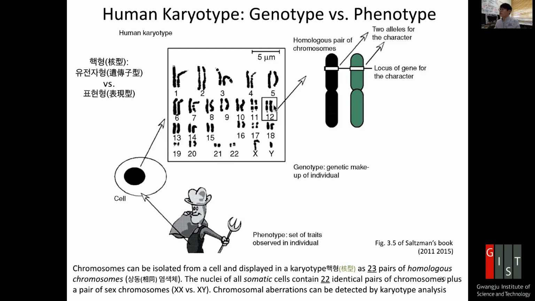For example, this chromosome number 12, one from father, one from mother, is a homologous pair of chromosomes, and the genes of one chromosome are called alleles. So there are 2 alleles for the character, and the location of this certain genetic unit on the chromosome is called the gene locus for that character.